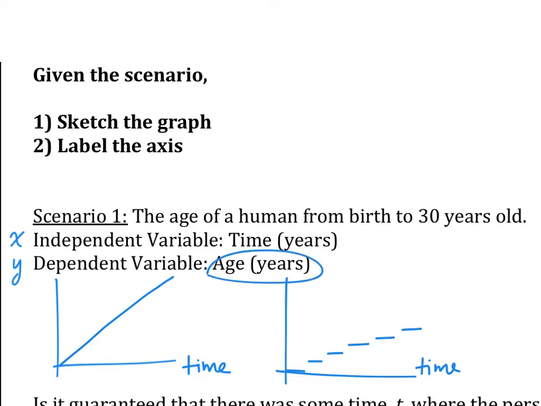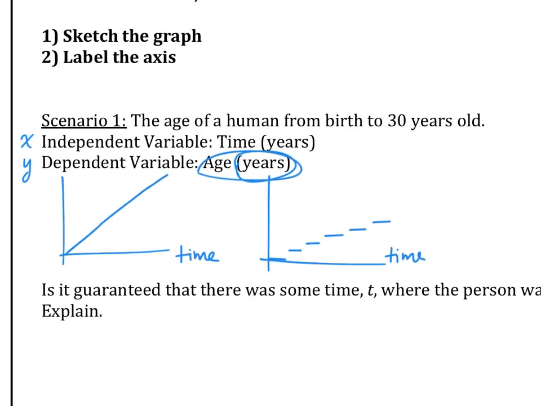And see how here it says age is in years. So you wouldn't say he is one month old, or he is 2 years and 5 months old, because you're talking about years only. I guess you could say 2 point something years, but usually you just say that person is 2 years old, that person is 30 years old. So you would just say that until you get to your next birthday, you're still that same year of age. So that is another way of thinking about it.